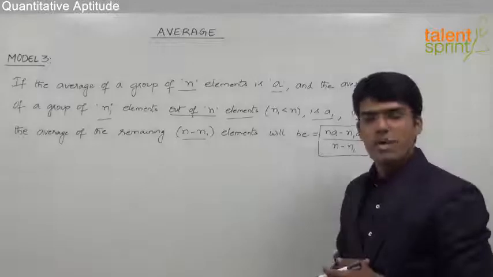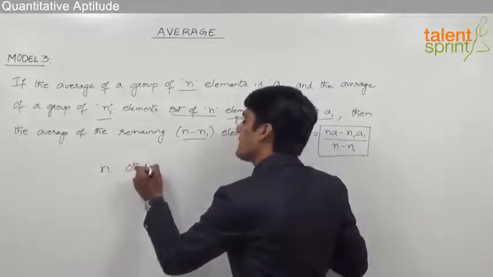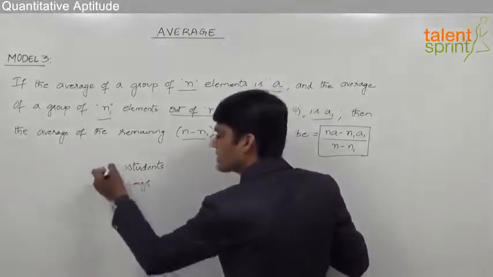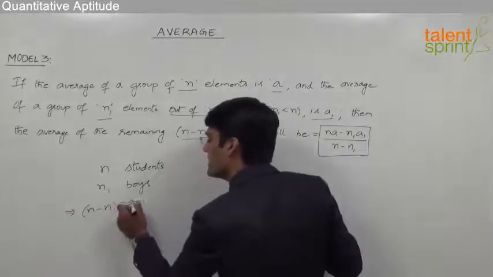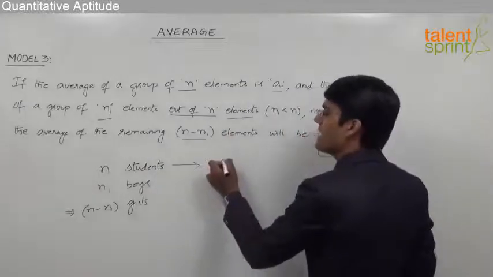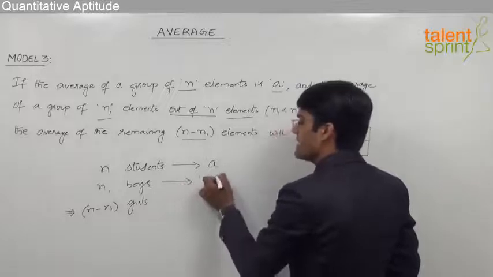To understand this point, let us assume there are n students in a school, and out of these n students, n1 are boys. So it is obvious that the remaining students, that is n minus n1, should be girls. Now for these n students, let us assume the average age is A, and for n1 boys the average age is A1.